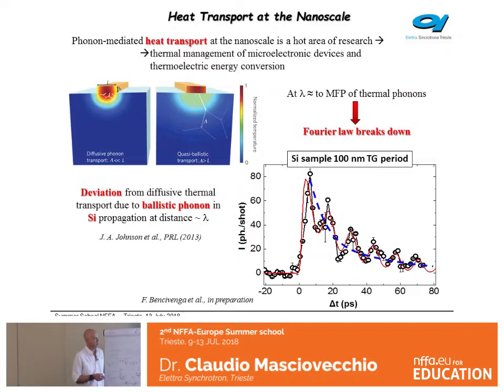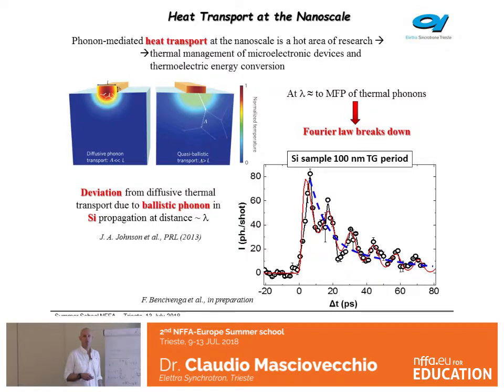But when the mean free path of phonons is larger than that of your hot region, then you are in the ballistic regime. I mean, the equations are no longer valid. And in particular, you don't know how the heat is transferred in the ballistic regime.